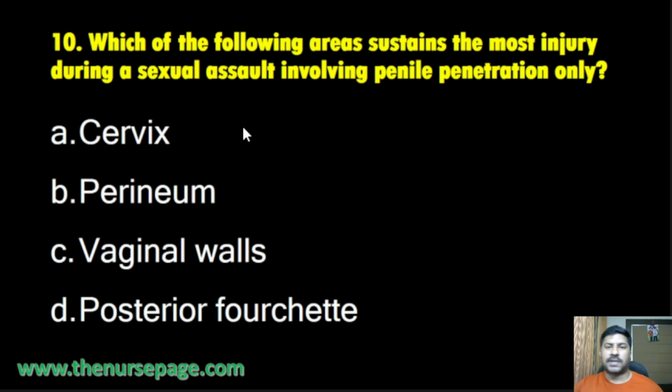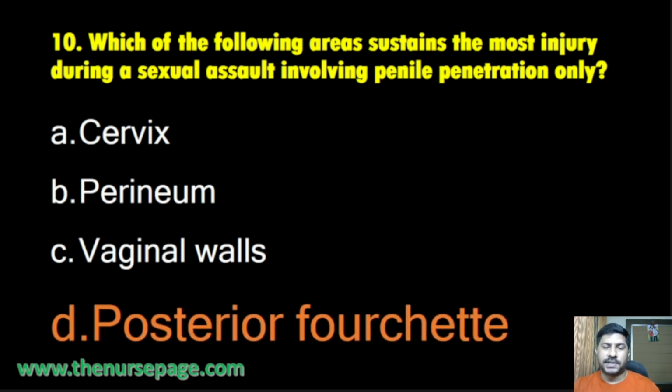So during the sexual assault case, physical examination, the most common area of injury will be the posterior fourchette. During a sexual assault with penile penetration only, the most common area of injury will be the posterior fourchette, and the other areas are the labia minora and fossa navicularis, which typically sustain the most injury during an assault involving penile penetration only.